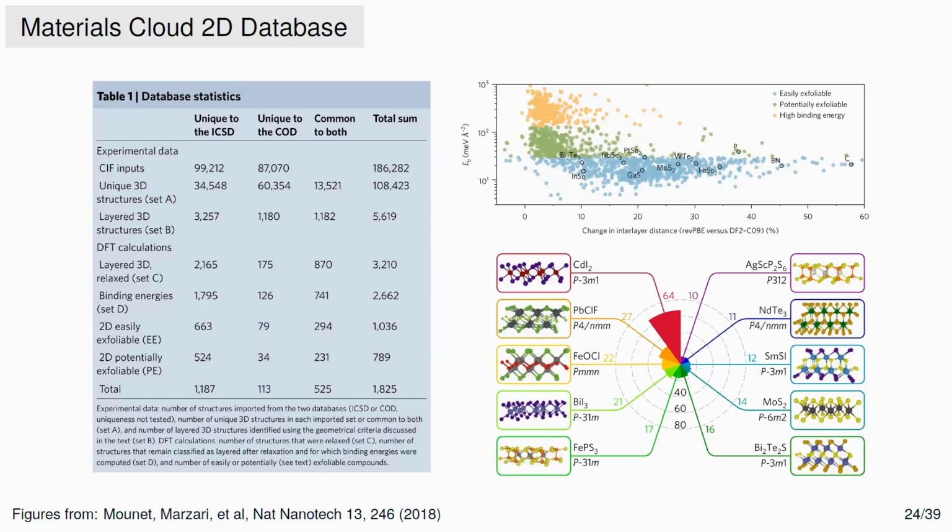Out of these 186,000 compounds that are known, they identified 5,000 layer structures, and out of those, about 2,000 are easily exfoliable. So the idea is to look at those and see whether we find something interesting. Note that not all of these materials in this database have been realized in 2D form, okay? Some of them are hypothetical.